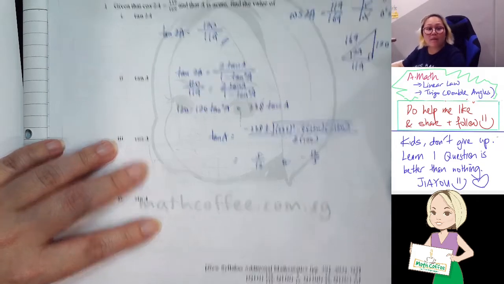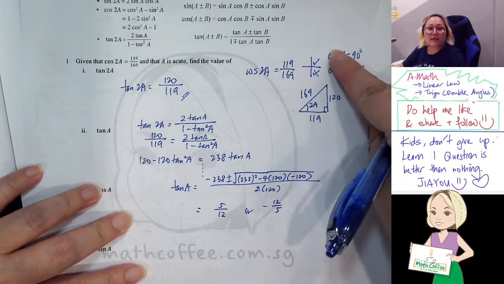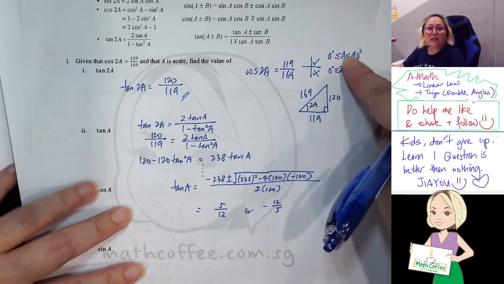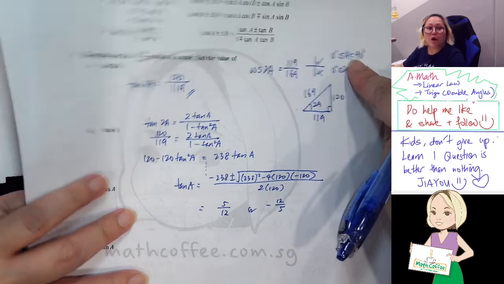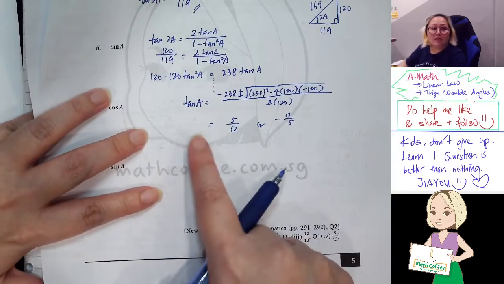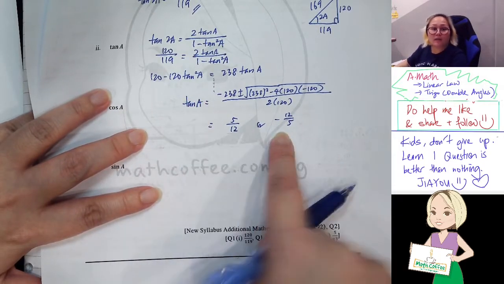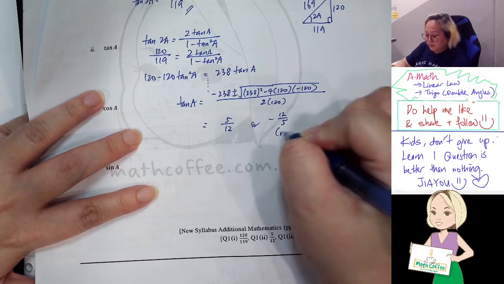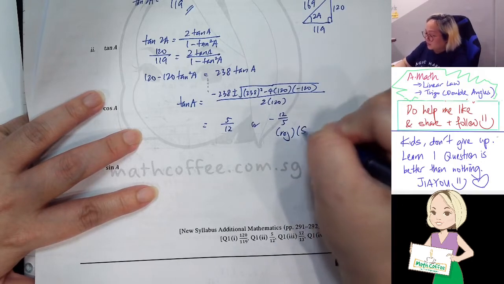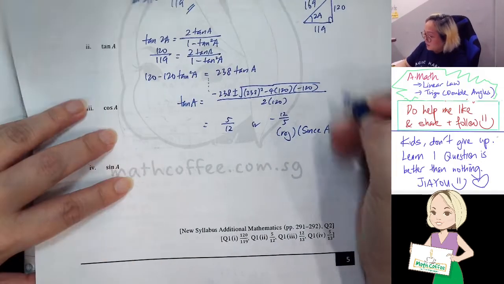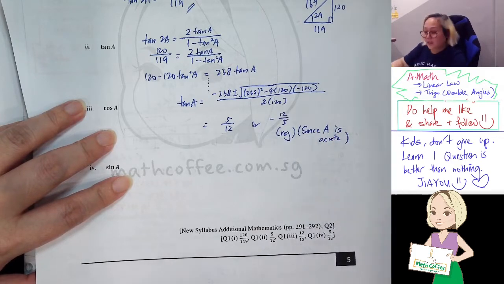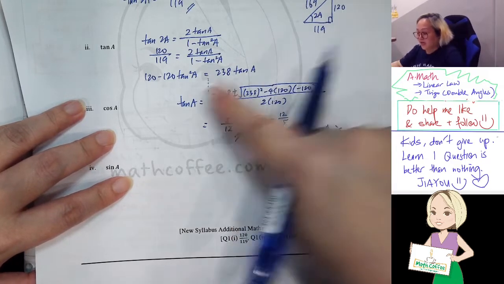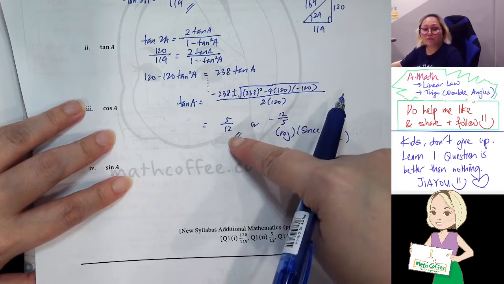But remember, our A is in the 0 to 90. So when A is in 0 to 90, it means in the first quadrant, which means everything is positive. So my tangent A will not be negative. So in this case, you will reject this. You can put here, since A is acute. And then tangent A is just 5 over 12.